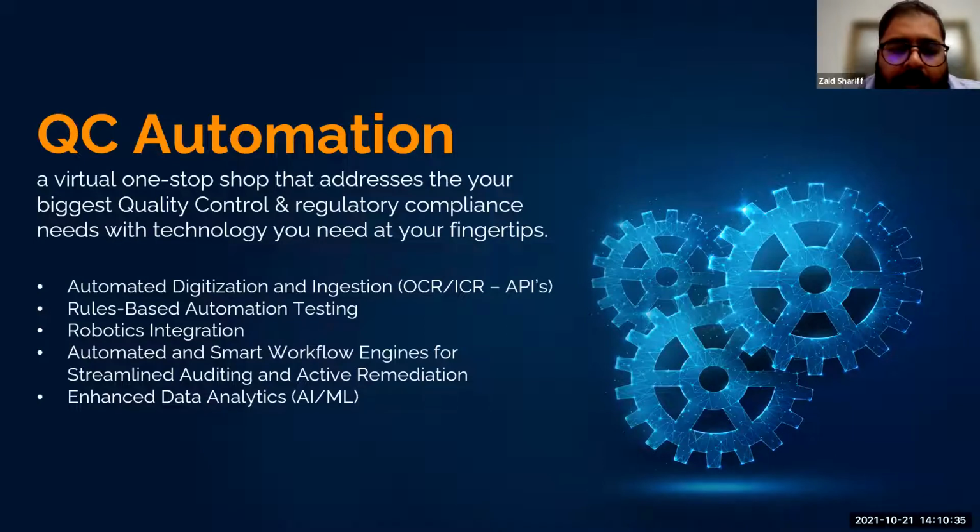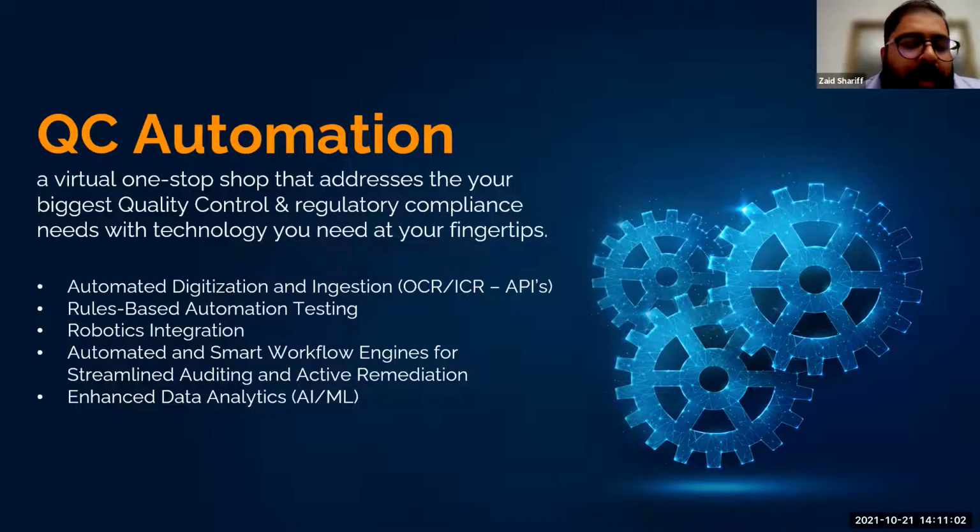We also work with APIs. APIs, some of you may know, are ways of transferring data or running processes from one system to another. And so automation includes APIs that can help you ingest that digitized data, whether it be into your QC workflow management tool, your overall GRC, and so forth.